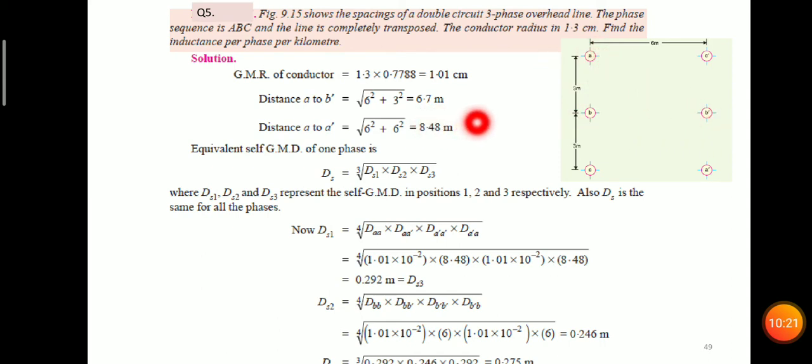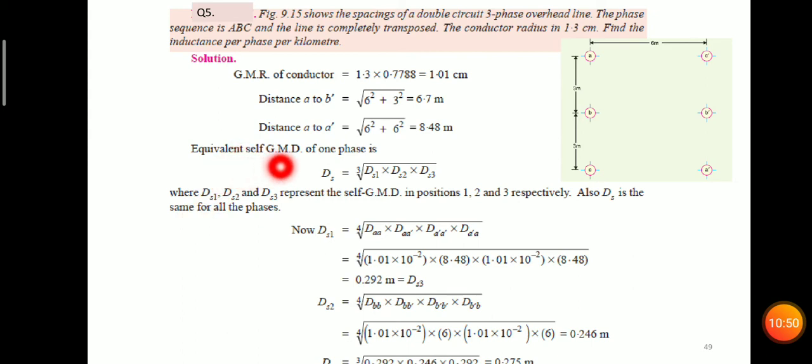Similarly, the distance from A to A dash is root of 6 square plus 6 square, that is 8.48 meter. All other distances we know: 3 meter, 6 meter and 3 meter.